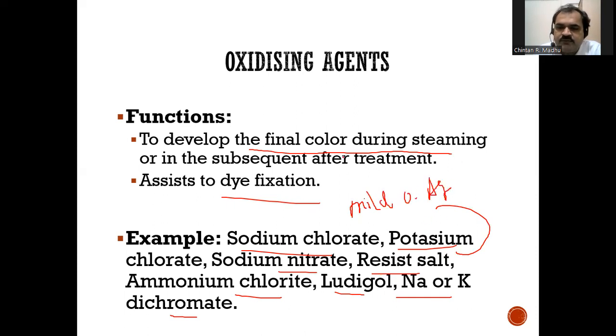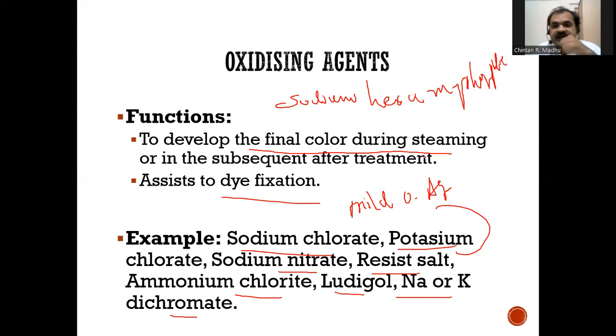And chemically, both are sodium hexametaphosphate. And the function of this oxidizing agent is also that when you are using a bleached fabric, pure bleached fabric, maybe due to the reducing bleaching agent, after washing that fabric, somewhere bleaching agent is there in your fabric which is not removed in the washing exercise.